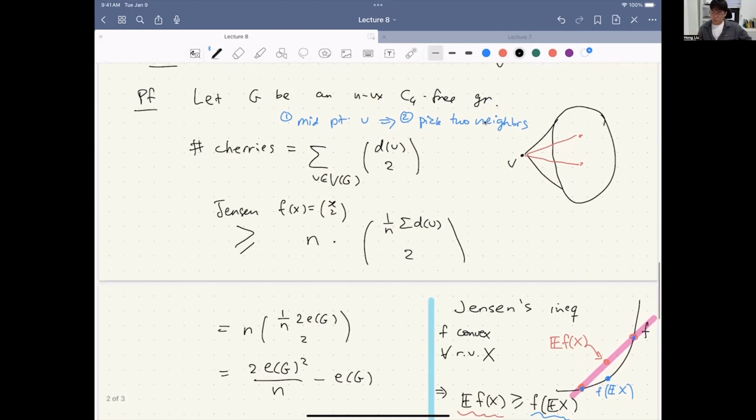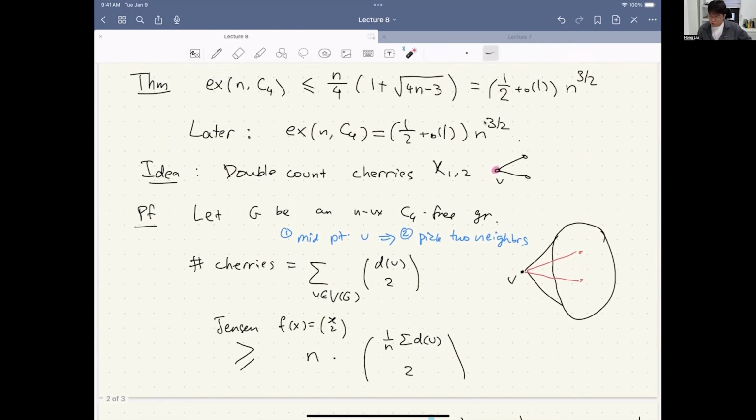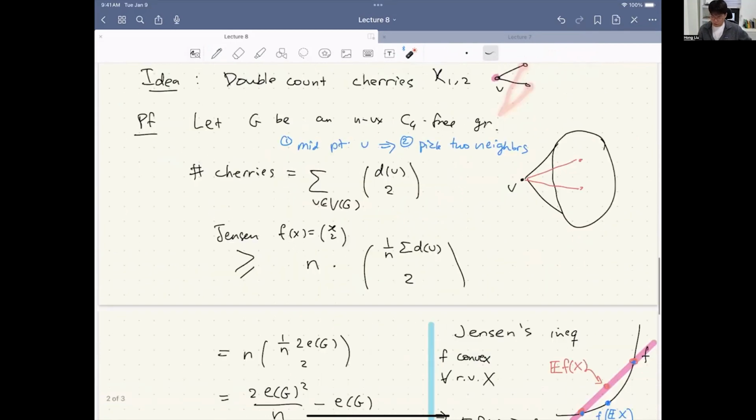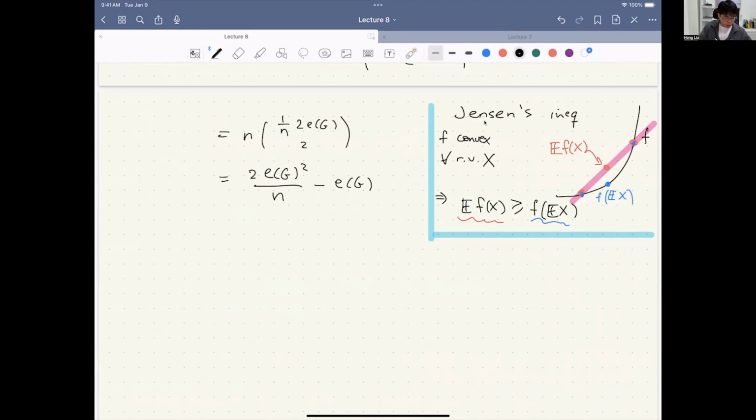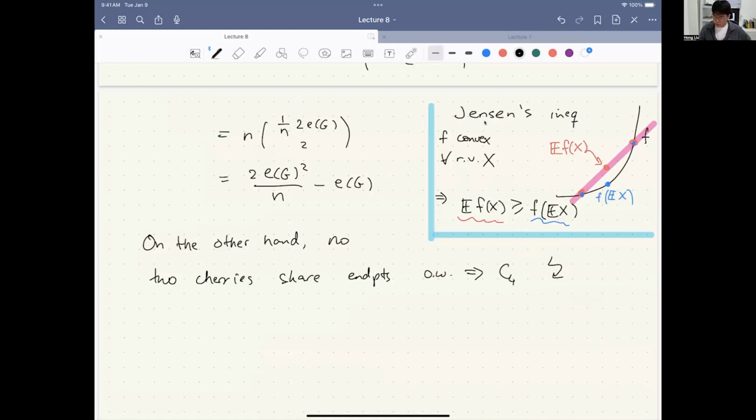Another way is, as I mentioned, we cannot have two cherries sharing the same endpoints, otherwise we would get a C4, a contradiction.